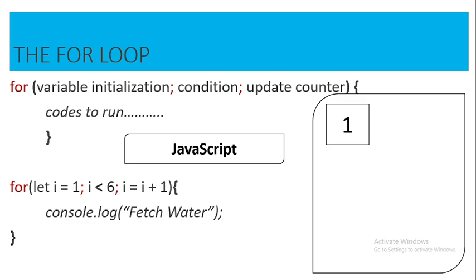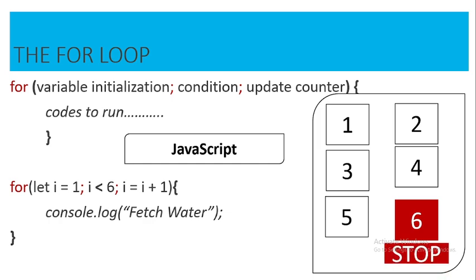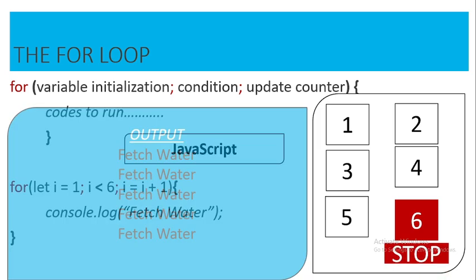So it prints "fetch water." Then i becomes 2, then 3, then 4. Then 5 less than 6 is still true, so console.log "fetch water" runs. Then the update makes it 6, and 6 less than 6 gives false, so the for loop ends here.